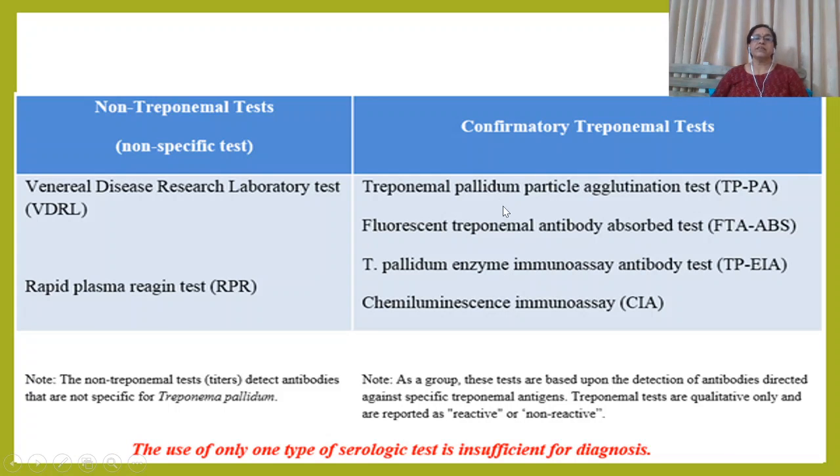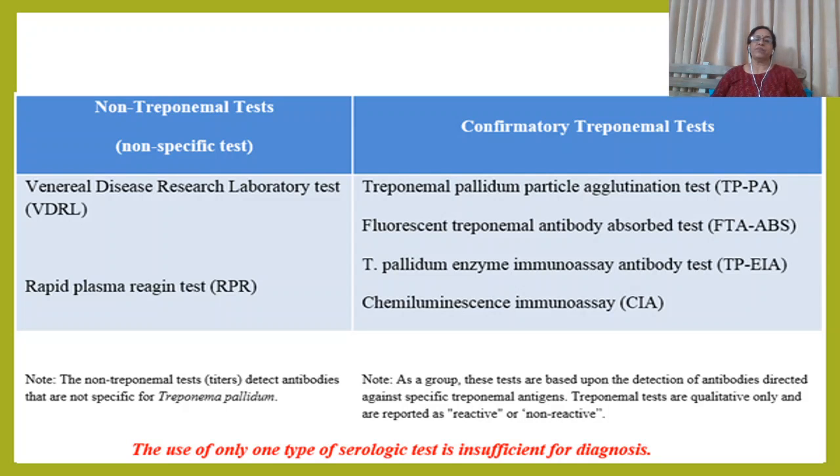While in the second category, the confirmatory treponemal tests, there are the Treponema pallidum particle agglutination test, that is TPPA, as well as the fluorescent treponemal antibody-absorption test, that is FTA-ABS, the Treponema pallidum enzyme immunoassay antibody test, that is TPEIA, and lastly the chemiluminescence immunoassay, that is CIA, widely used as confirmatory treponemal tests.